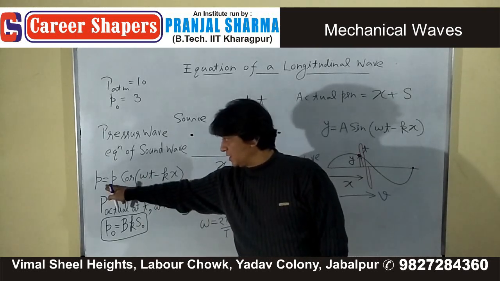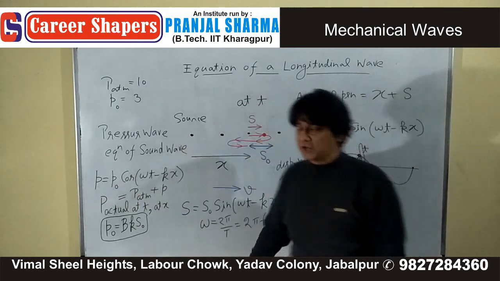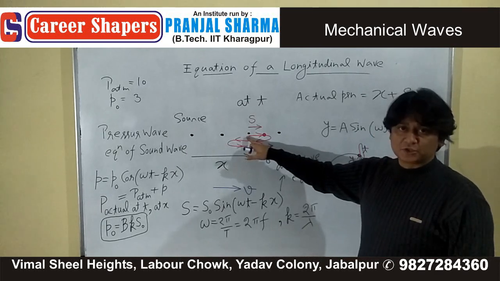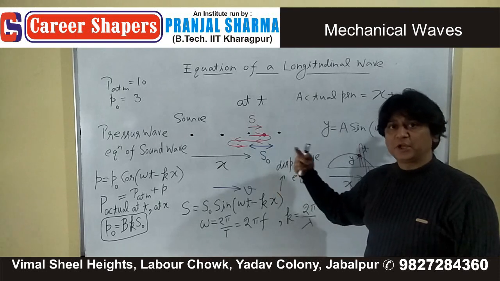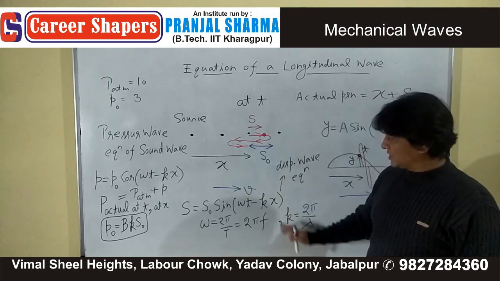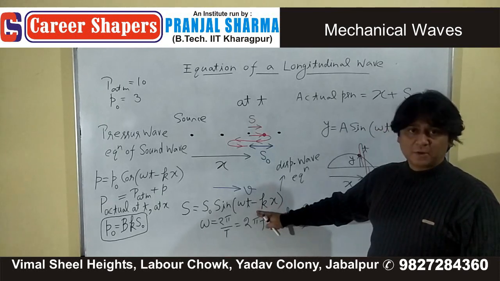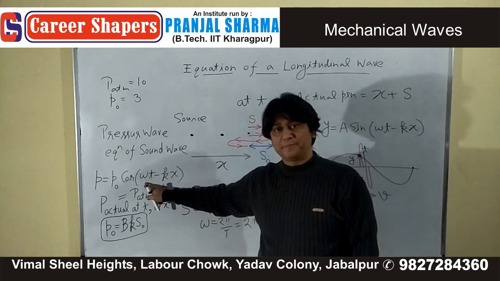That means P is P naught. What is P naught? Maximum change in pressure. So when the displacement of the particle is 0, you are observing maximum change in the pressure.